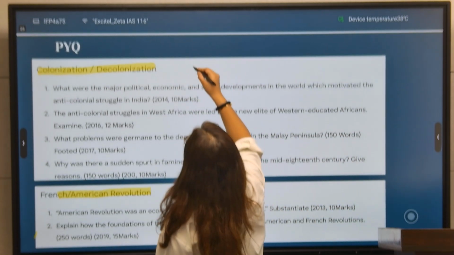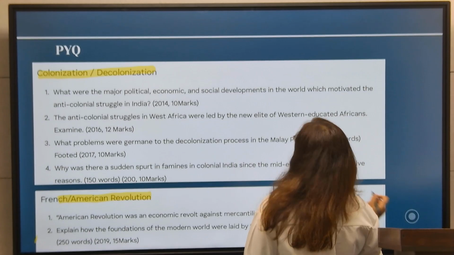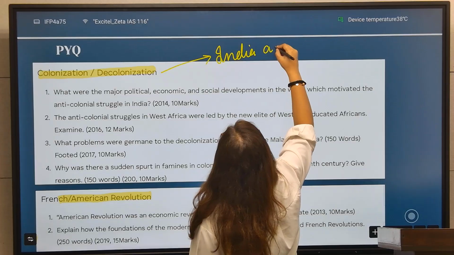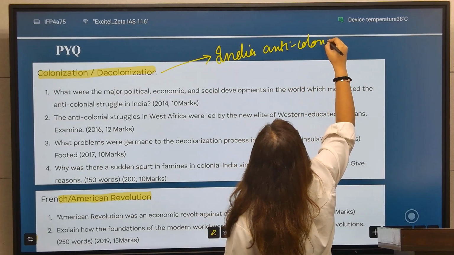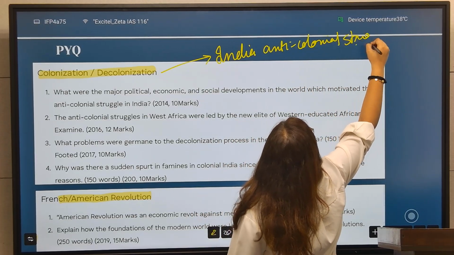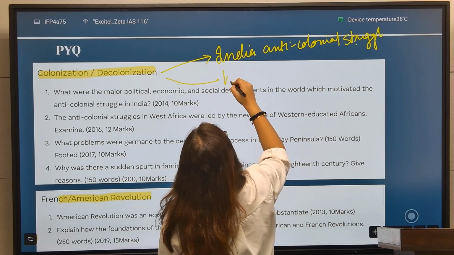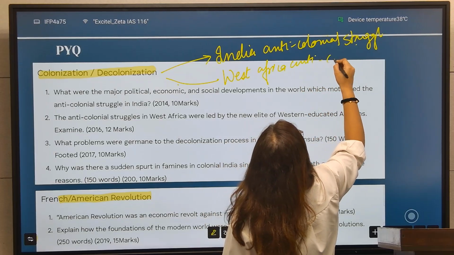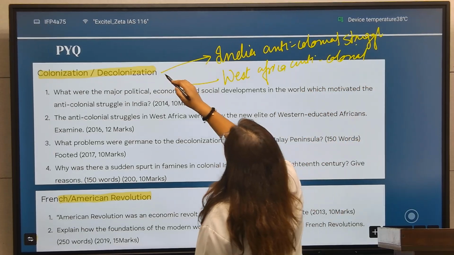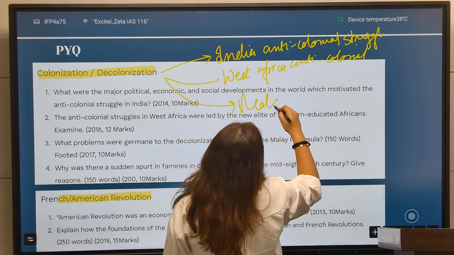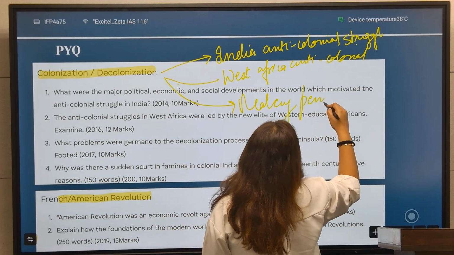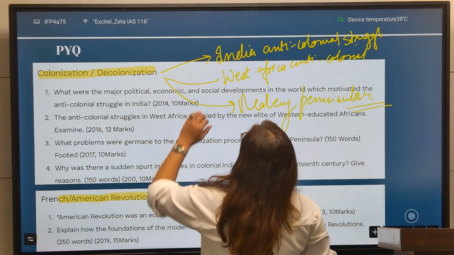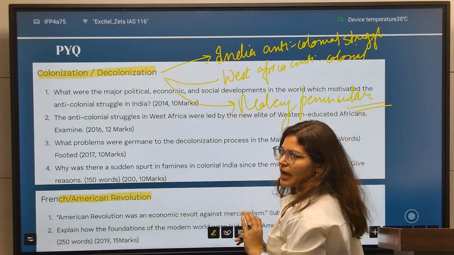Questions are there on the India anti-colonial struggle, the West Africa anti-colonial struggle and the Malay Peninsula struggle. So these three anti-colonial struggles have been asked by UPSC.